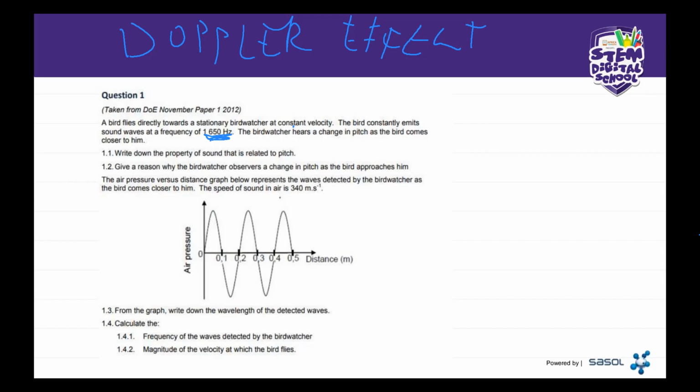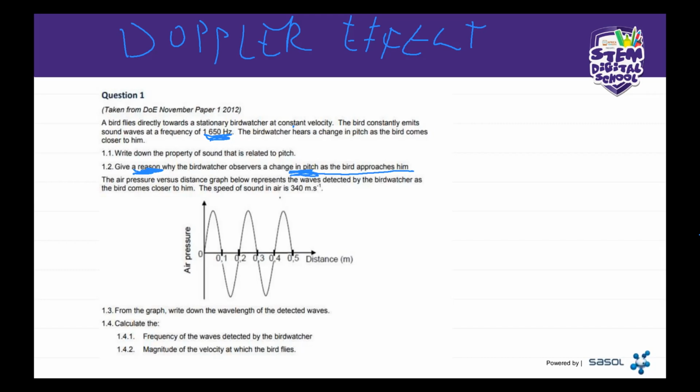Okay. So on number 1.2, it says, give a reason why the bird watcher observes a change in pitch as the bird approaches it. In many other problems beforehand, we've always had a problem of misreading a question.